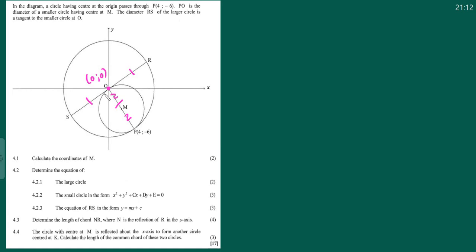If this is a tangent and then you have a radius, already you should be reminded of Euclid: tangent perpendicular to radius, isn't it? You should already indicate that. Let me do this.